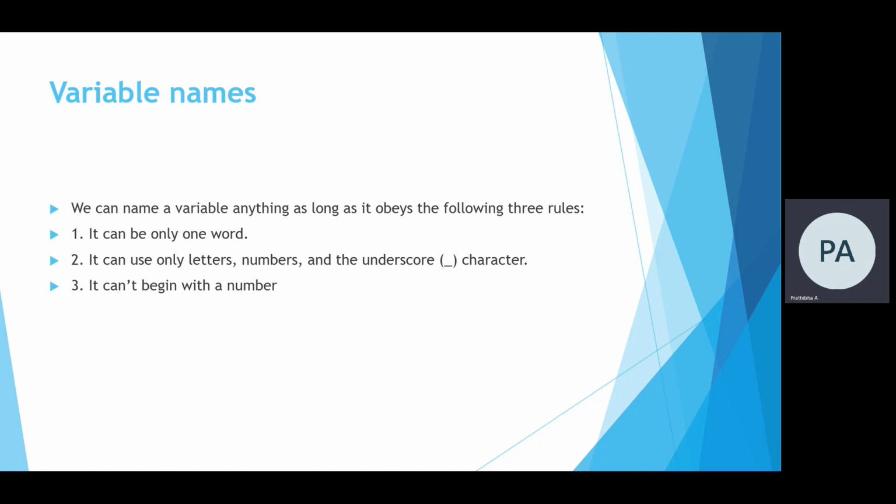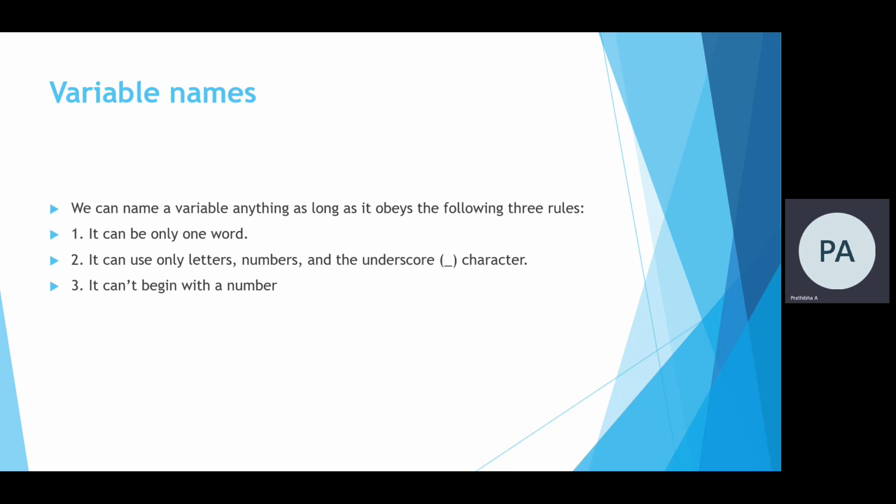So in Python, whenever we are declaring any variable, it should contain either numbers or letters, or you can have an underscore symbol. But it should be completely one word, and it cannot begin with a number. It has to always begin with either an underscore or a letter.